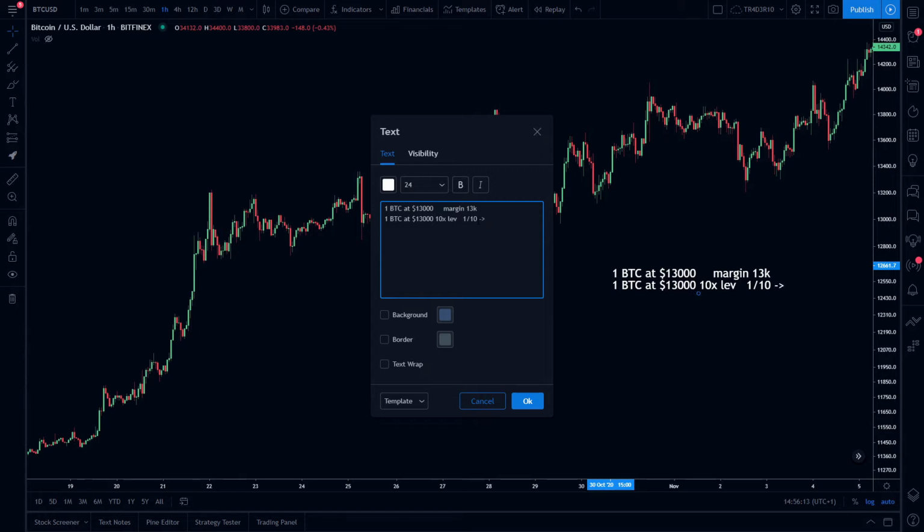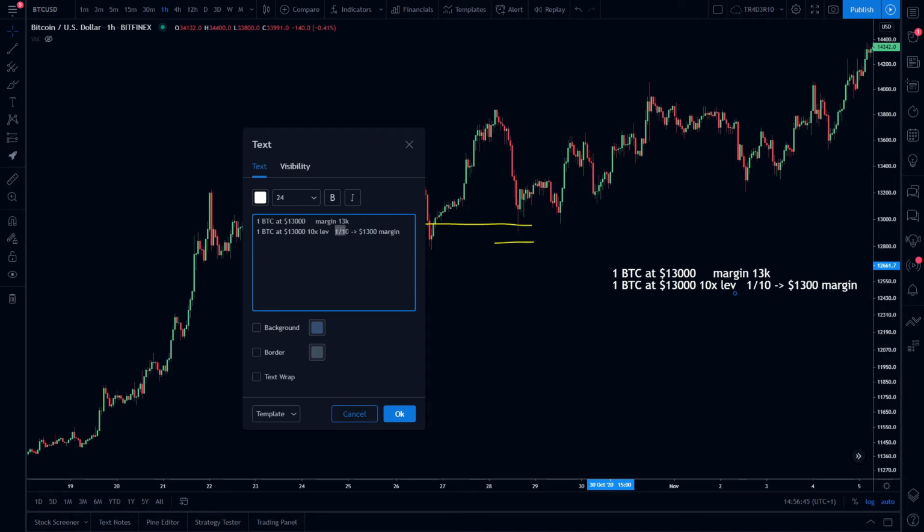It's not completely accurate, there are some fees and maintenance margin, but basically now you will only need margin. So with 10x leverage, you will only need $1,300 now and not 13K to do this trade.